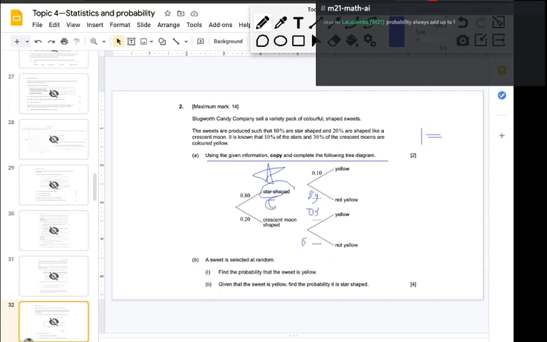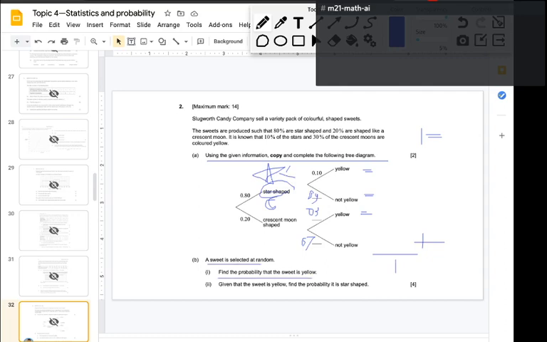Okay, so usually, if you multiply the values here and put it here, multiply the values and put it here, the total of all these probabilities would equal 1. The sweet is selected at random, find the probability that the sweet is yellow.